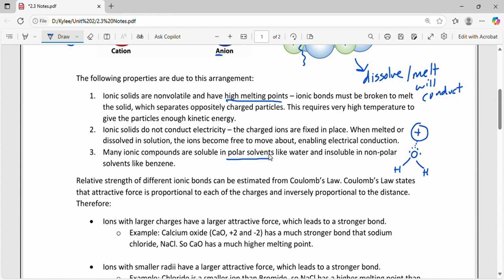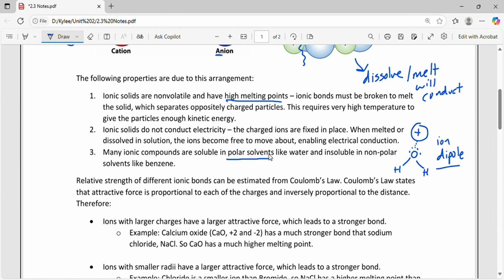That attraction is called an ion dipole attraction. The oxygen side of the water molecule will be really attracted to that positive ion, and then the negative ion will be highly attracted to the hydrogen side of the water molecule. That means it's going to dissolve a lot easier because of this ion dipole interaction.